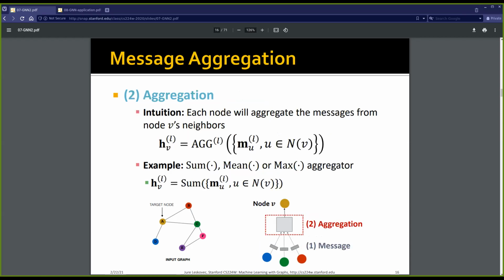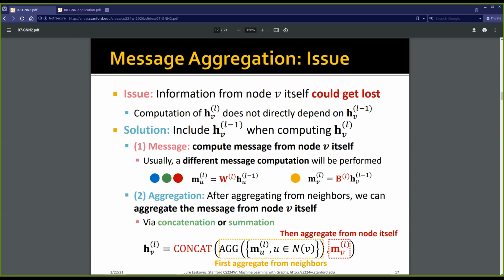And then for the aggregation step, you take the messages from all neighbors of a node and aggregate them permutation invariantly. So for example, for the basic cases, you can just compute the sum, mean, or max over these messages. But there's a slight problem.